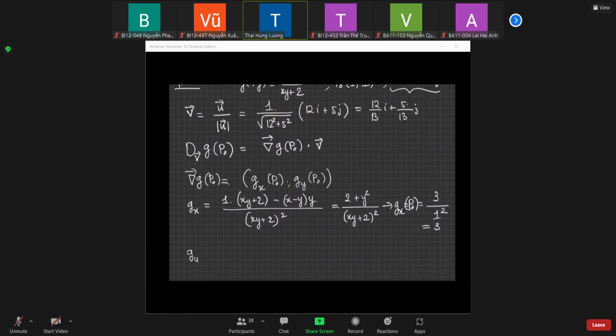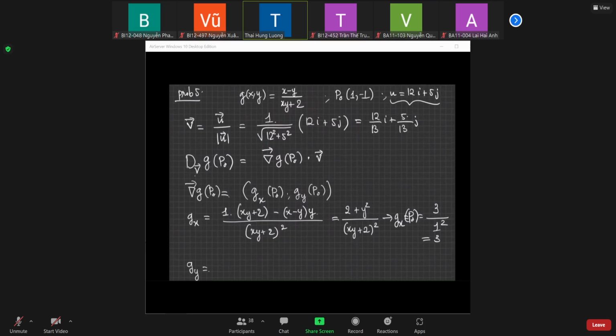And gy, okay, so the derivative of the numerator is -1. This gives us -(2 + x²) over the denominator.